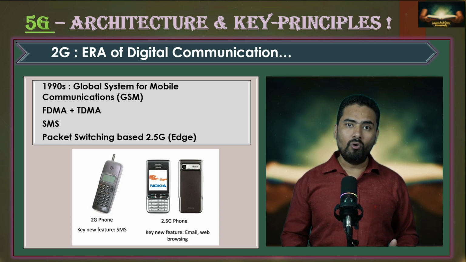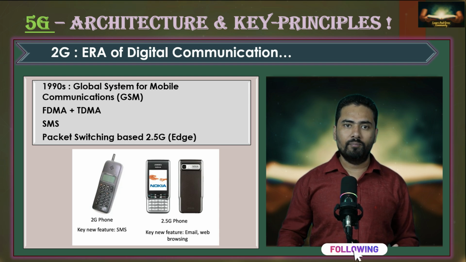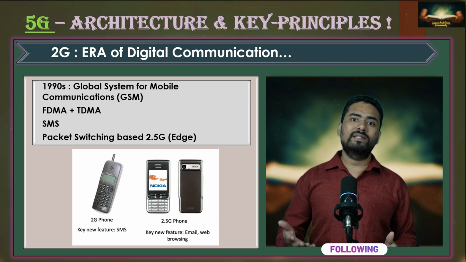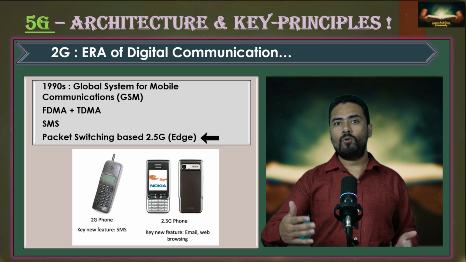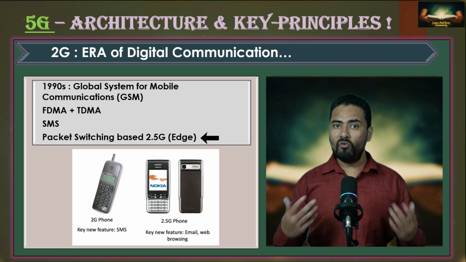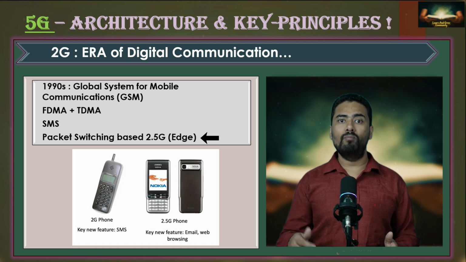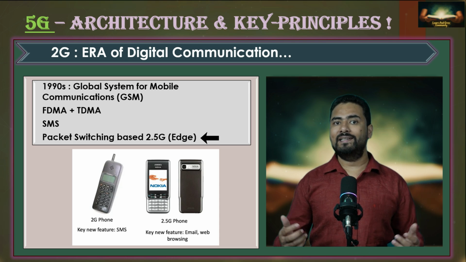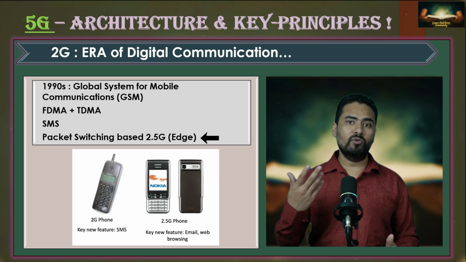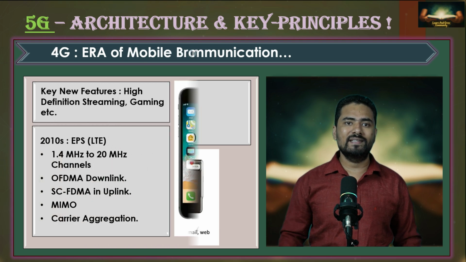This was further evolved by introducing a new domain called the packet switch domain, an addition to the circuit switch domain, which is sometimes referred to as 2.5G or EDGE. This offered better services to end users, who could now send and receive emails, and even web browsing was possible at a speed of 64 kbps to 144 kbps.